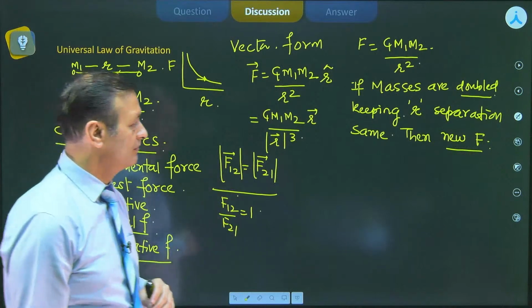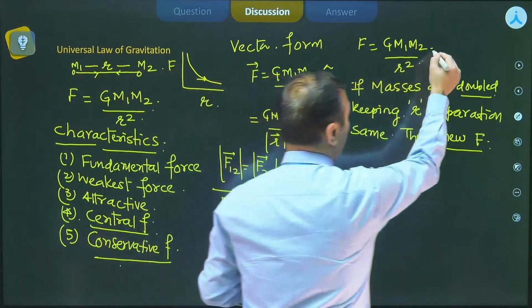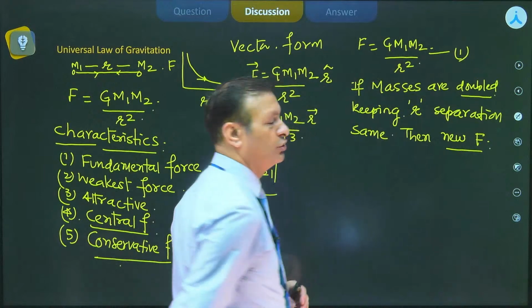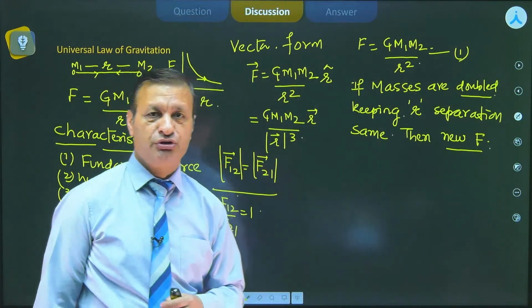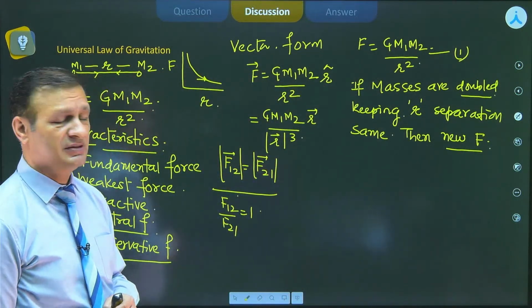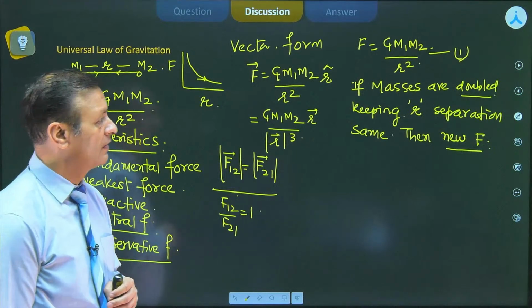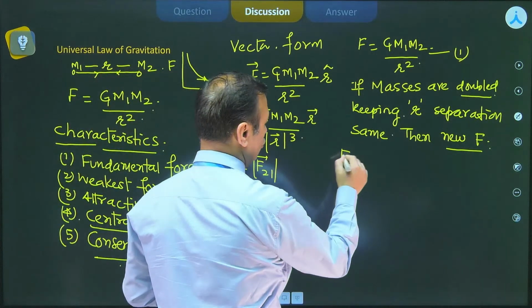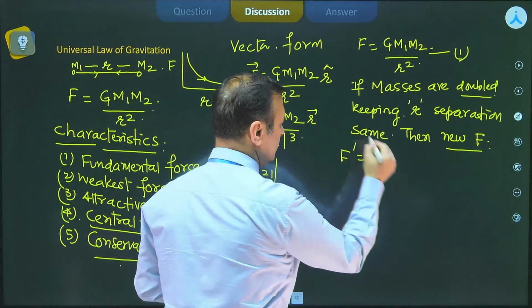This is the simple question. Initially your masses are assumed to be separated by separation R. Masses are taken as m1, m2. Then the new force F dash.